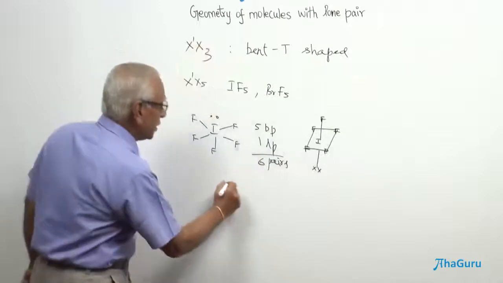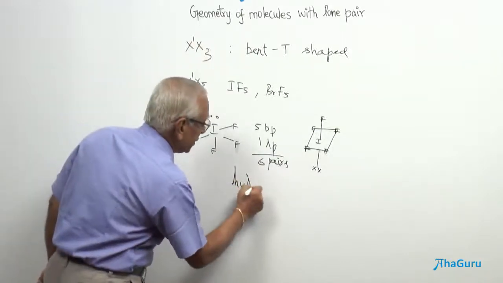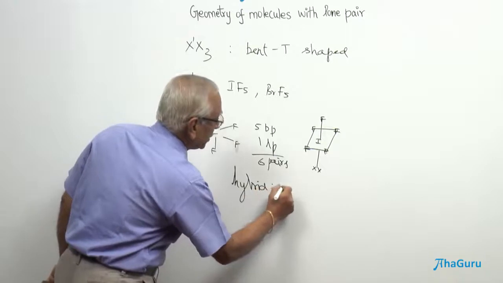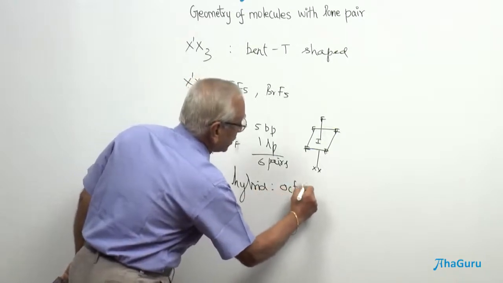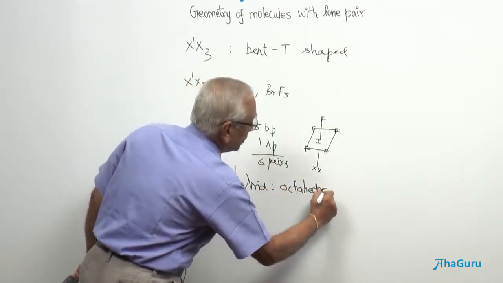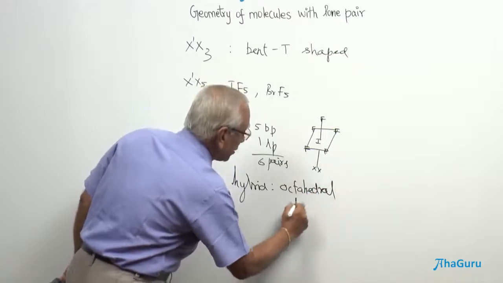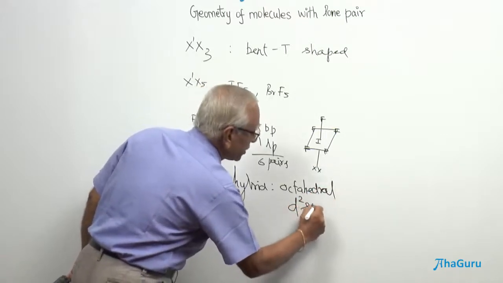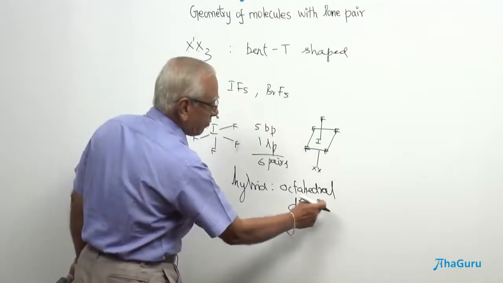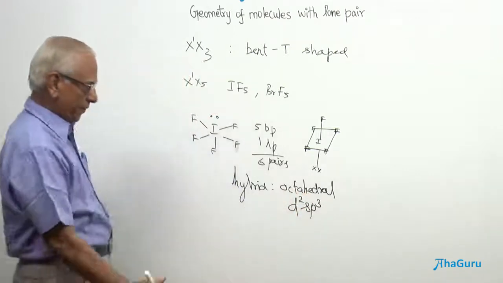As far as the hybridization is concerned, it is octahedral hybridization, also known as d2sp3 hybridization. You see here 3 plus 1 plus 2, 6 corners.